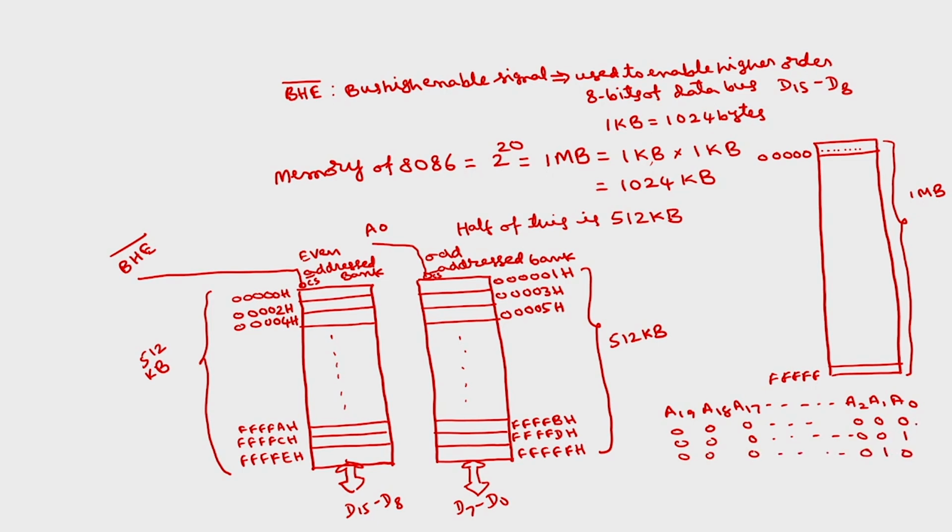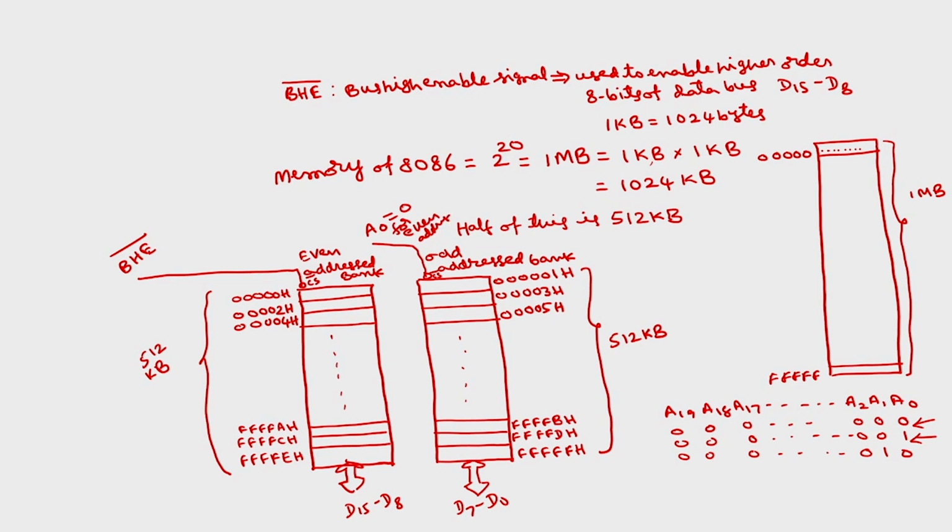So for even addresses, A0 is 0, for odd addresses A0 is 1. Okay. So when will this be selected? A0 is equal to 0 for an even address. So when A0 is 0, for an even address, this will select.